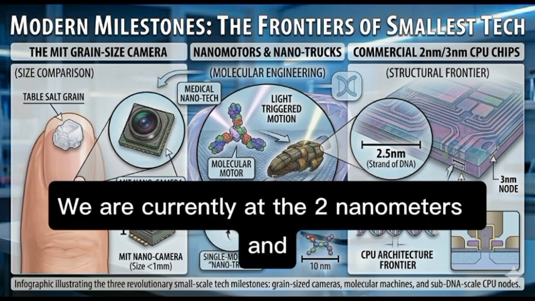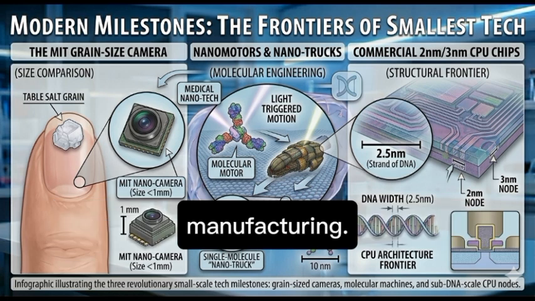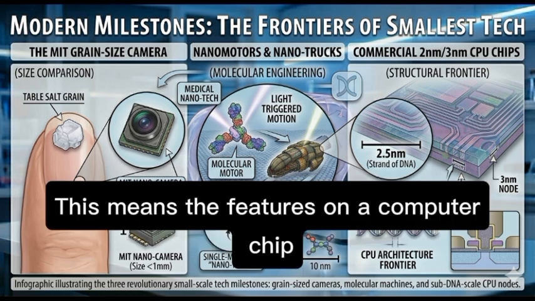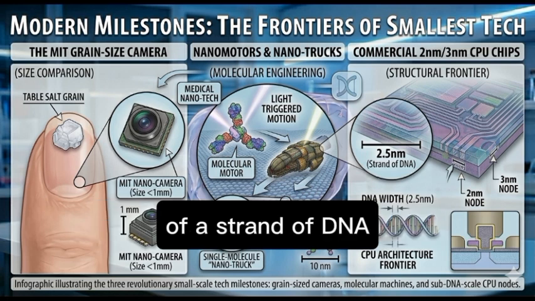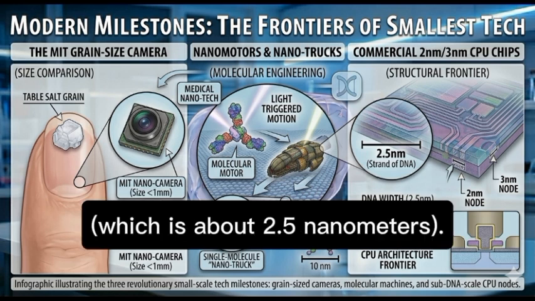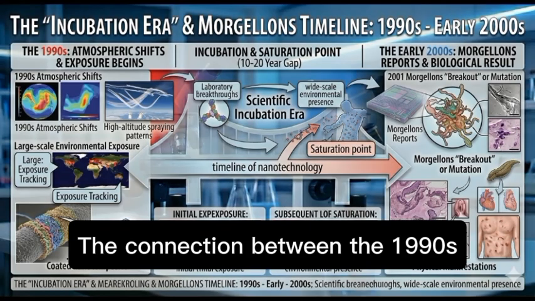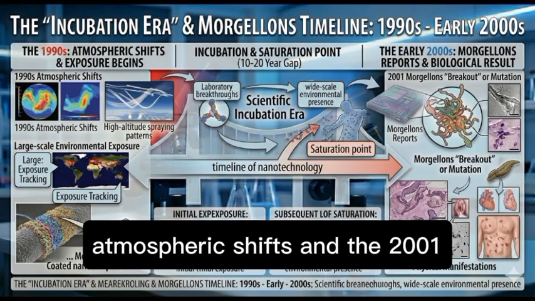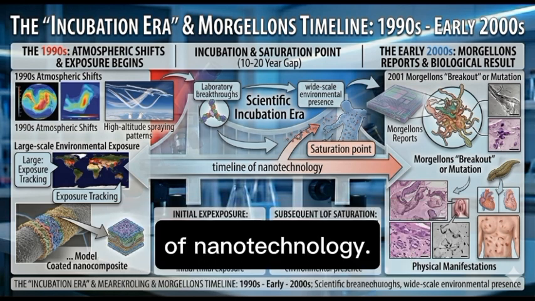CPU chips. We are currently at the 2 nanometers and 3 nanometers node in commercial chip manufacturing. This means the features on a computer chip are now smaller than the width of a strand of DNA, which is about 2.5 nanometers. The connection between the 1990s atmospheric shifts and the 2001 Morgellons reports aligns with the incubation era of nanotechnology.